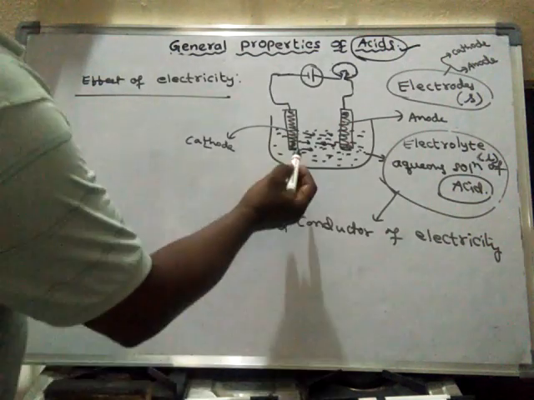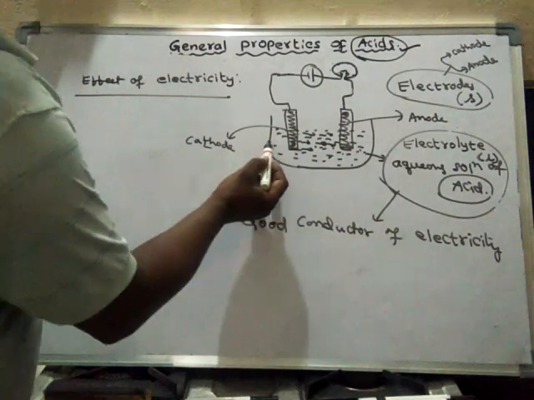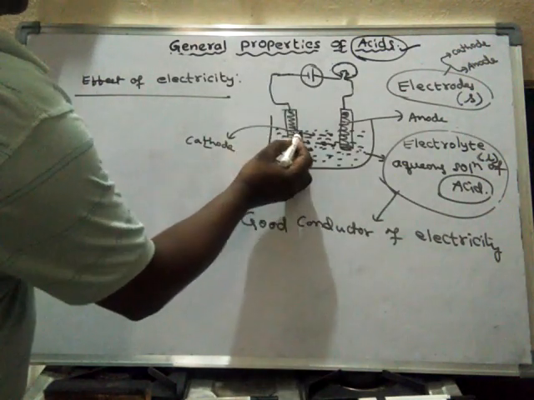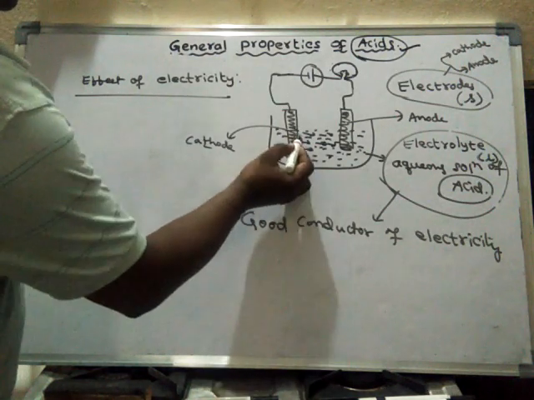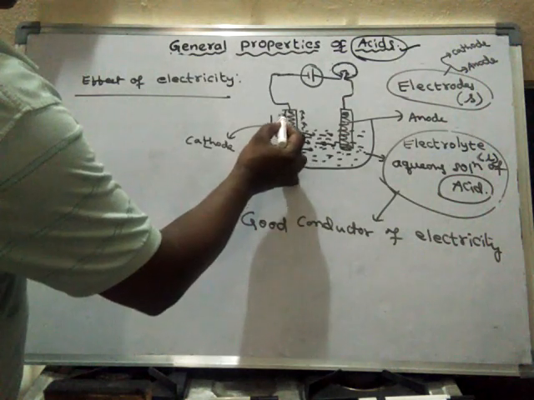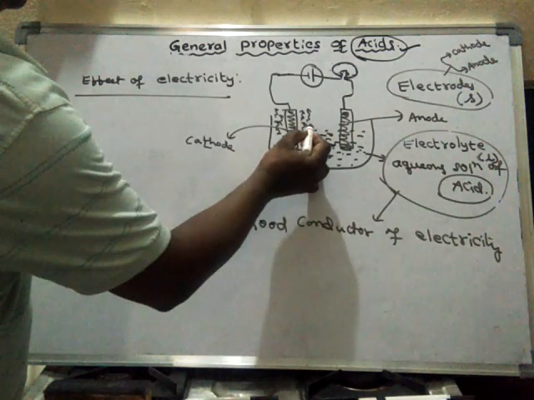See what happens in the aqueous solution of acids when electricity is passed. At the cathode, you will find the liberation of hydrogen gas.